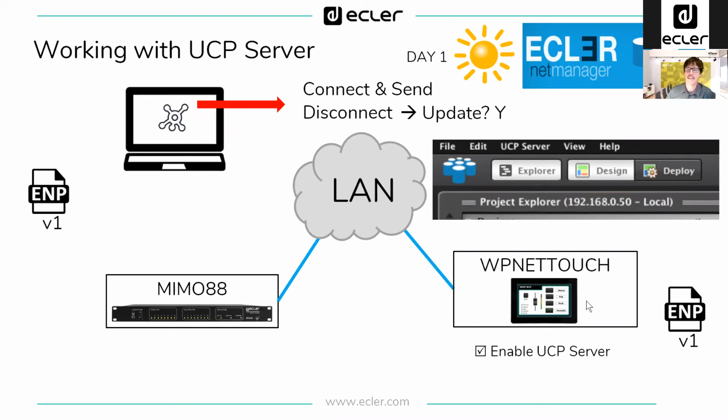Then it sends the last project, the one that you have modified with the values and the final adjustments, to the WPNet Touch, okay? And once it's sent, you disconnect. So you get again to your local IP and it says local, and the project disappears. Disappears meaning it disappears from the screen of the software, but you have it here and you also have a backup here. Remember always to have backup files, okay? From EclerNet Manager products and for any file you have in your computer.